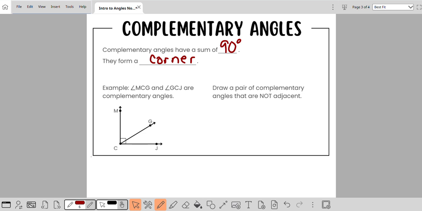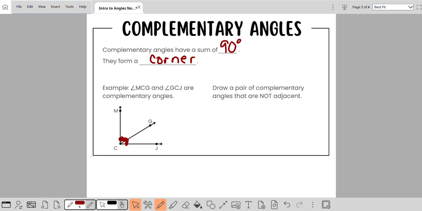So we have an example here that says that angle MCG and angle GCJ are complementary, and this box right here in the corner helps us see that. That square means these two angles, or this angle, if it's only one, is equal to 90 degrees.